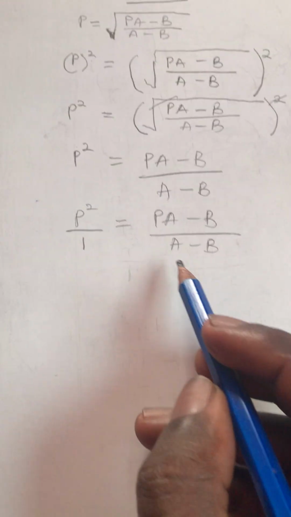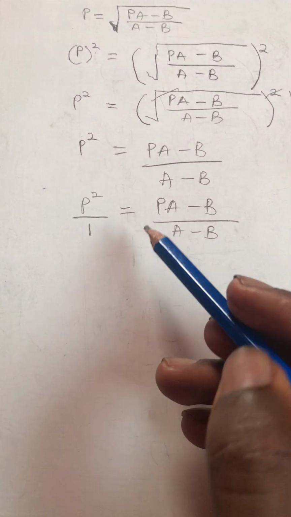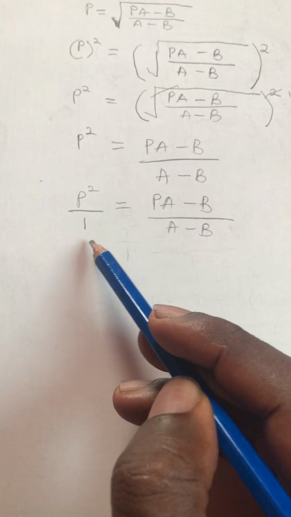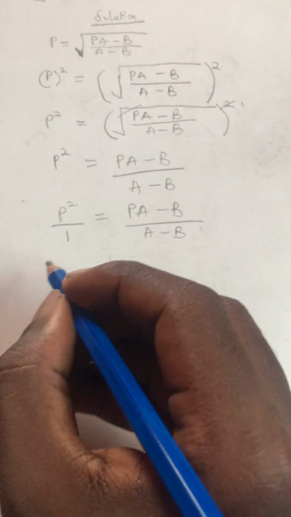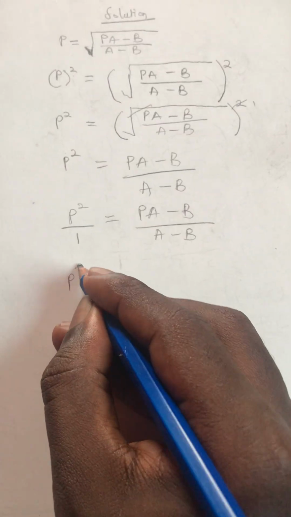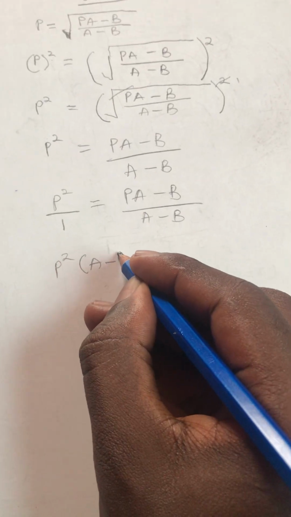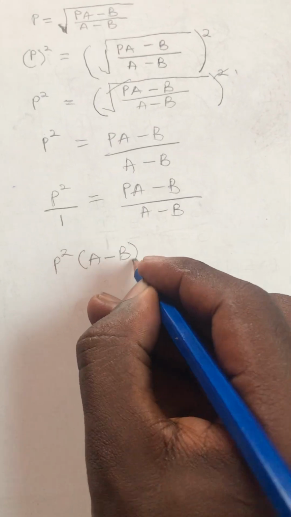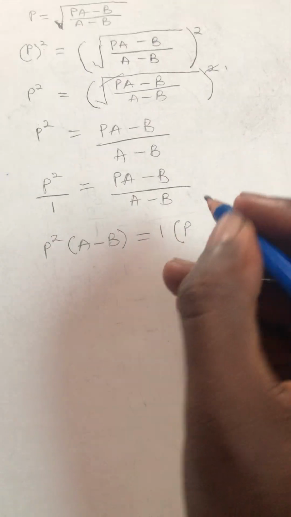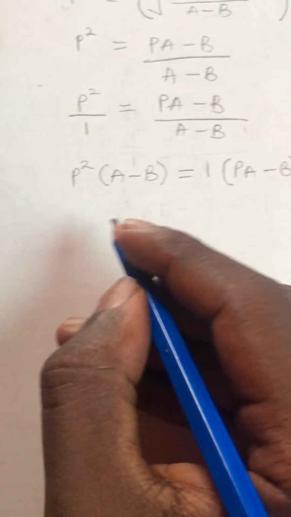So with equations like this, where you have two fractions separated by the equal to sign, you cross multiply, right? So P squared would cross multiply A minus B, equals to 1 would also cross multiply PA minus B, right?